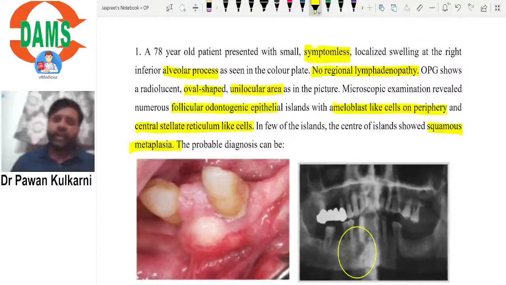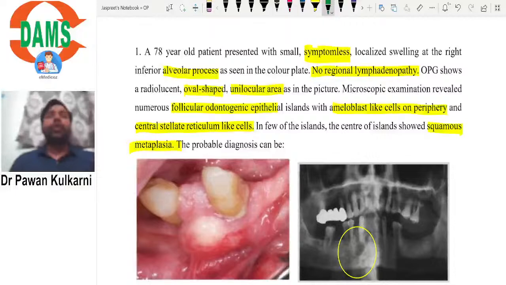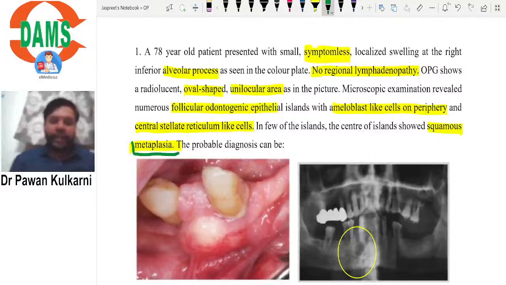Look at these terms here. The odontogenic islands have peripheral tall columnar cells and central loose stellate reticulum like cells. But some of these cells have undergone metaplasia.